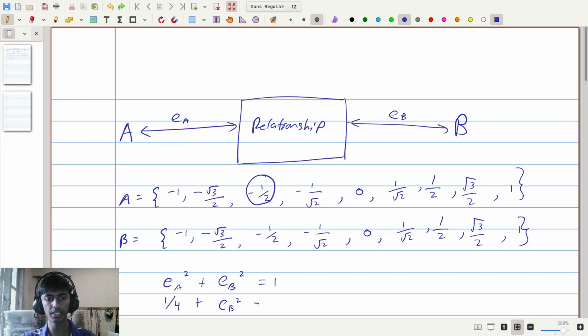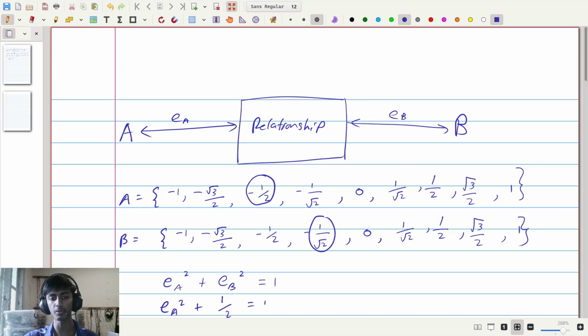Similarly, if I consider this element in B, negative 1 over root 2, and substitute, then negative 1 over root 2 squared is 1 over 2.